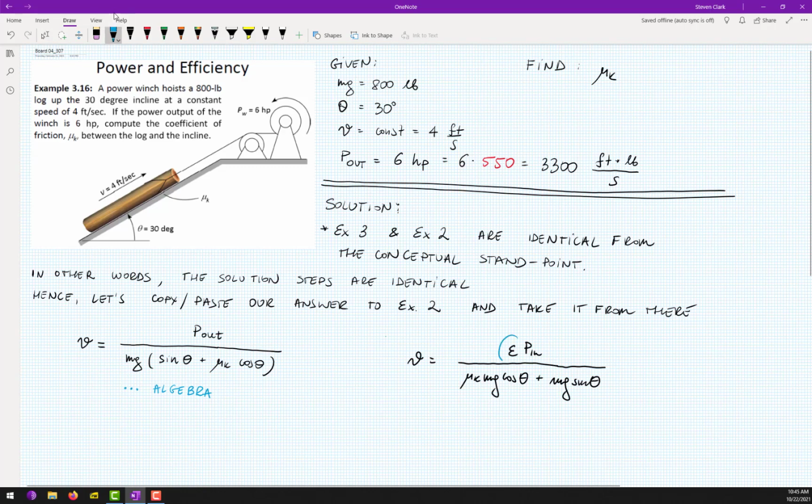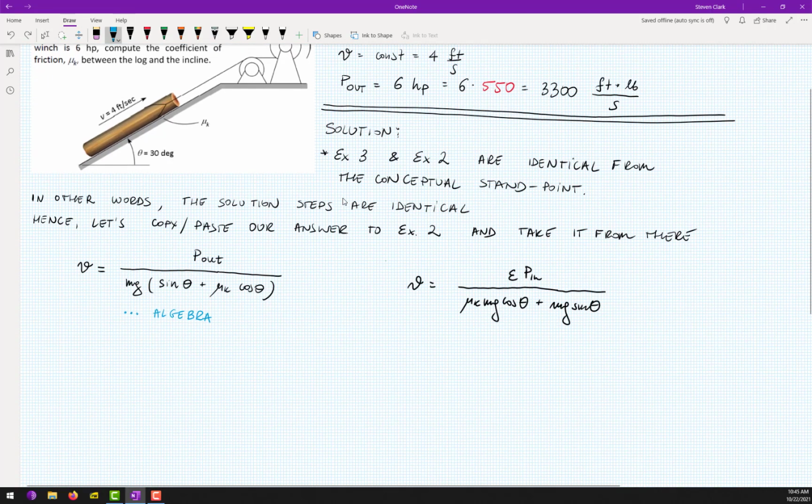Then a little bit of algebraic transformations, and you will end up that mu k is equal to 1 over cosine theta times P out over mg v minus sine theta. Plug in values, grab calculators, and find mu k.